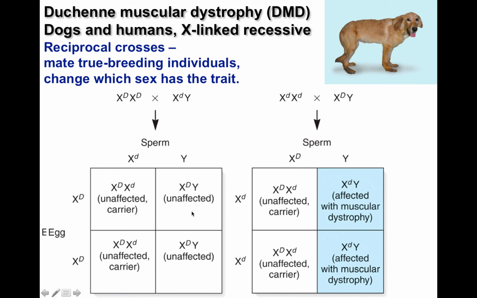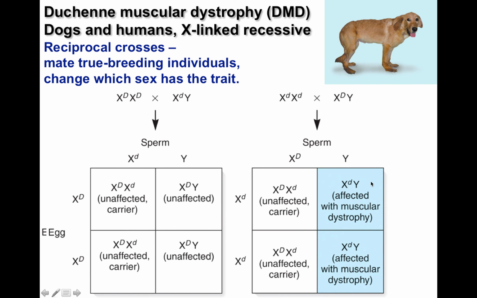whereas over here they inherited the wild type allele from mom. Sons, however, are going to be affected with muscular dystrophy because mom has only eggs with the recessive allele in it. And if they get fertilized by a Y chromosome, then the only X chromosome available is the one with the Duchenne's recessive gene.